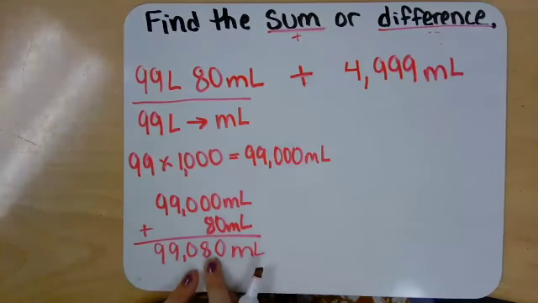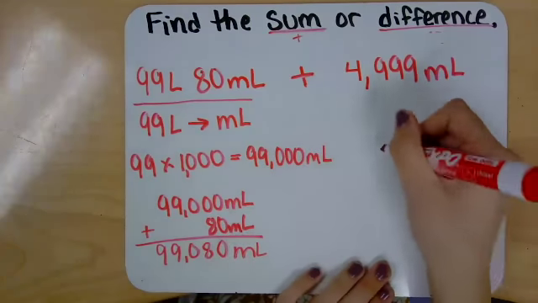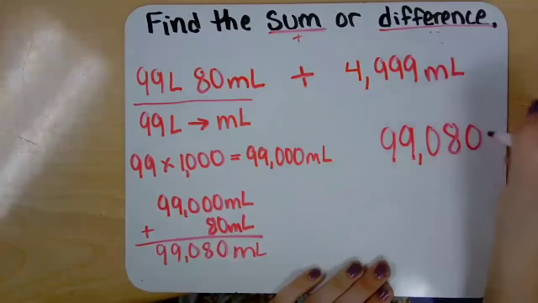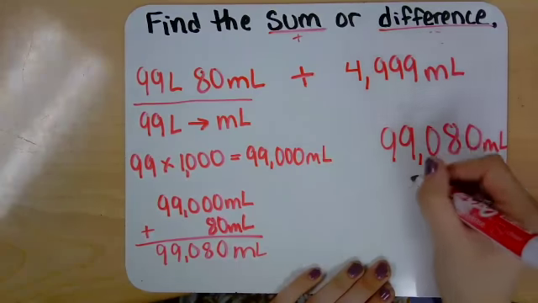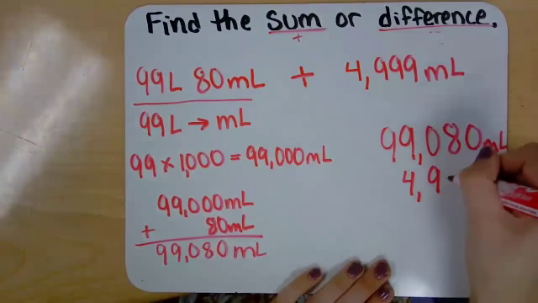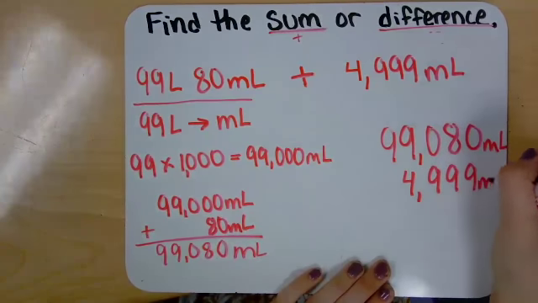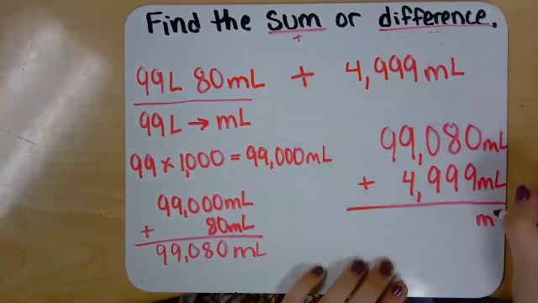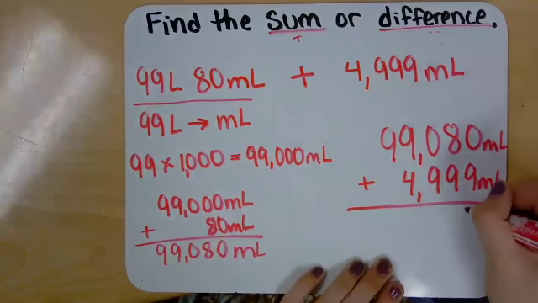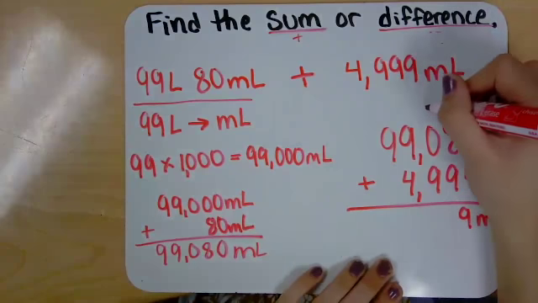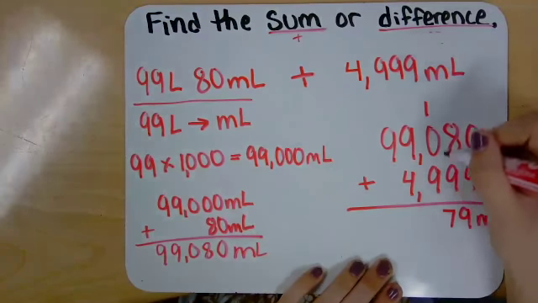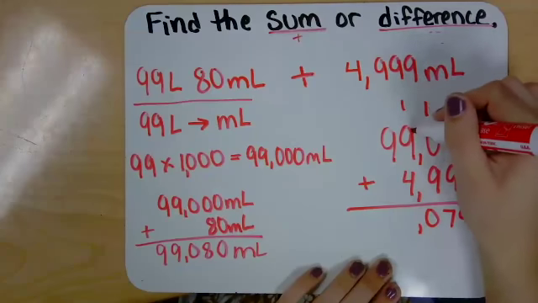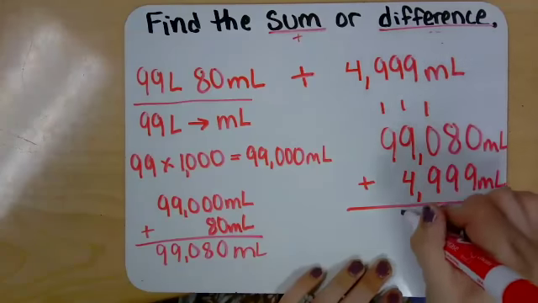We just need to now find the sum. So let's add what we got for this side to this side. So we have 99,080 milliliters plus 4,999 milliliters. Okay, we'll add them together, bring down our units. 0 plus 9 equals 9. 8 plus 9 equals 17. 9 plus 1 equals 10. 9 plus 1 equals 10 again, plus 4, 14.